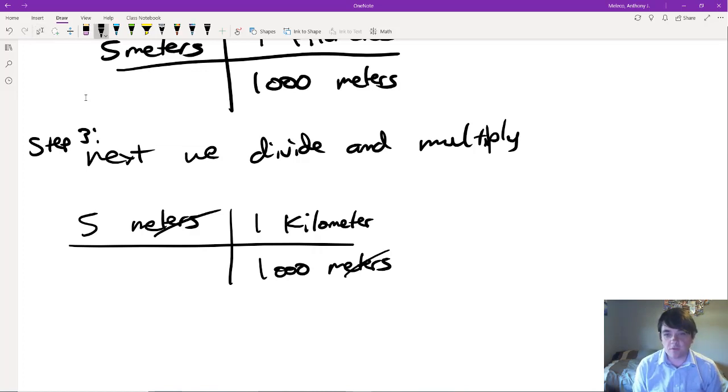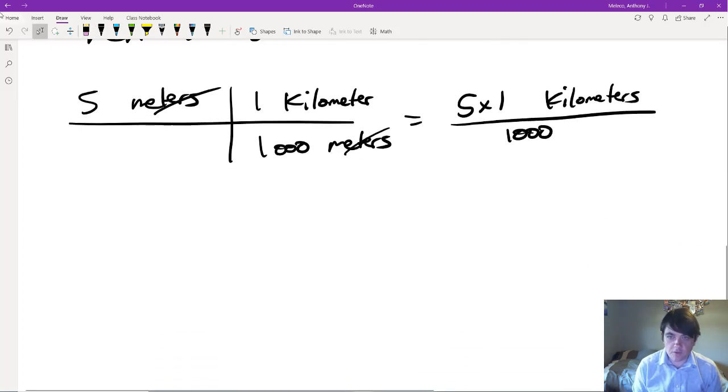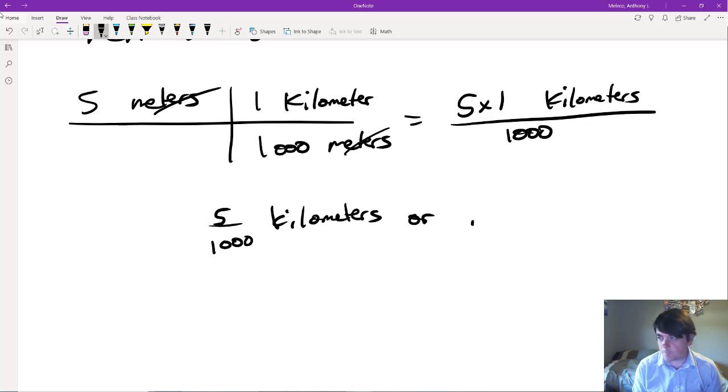And then we do, so this equals 5 times 1 kilometers over 1,000. So this yields 5 over 1,000 kilometers, or 0.005 kilometers with the prefix.